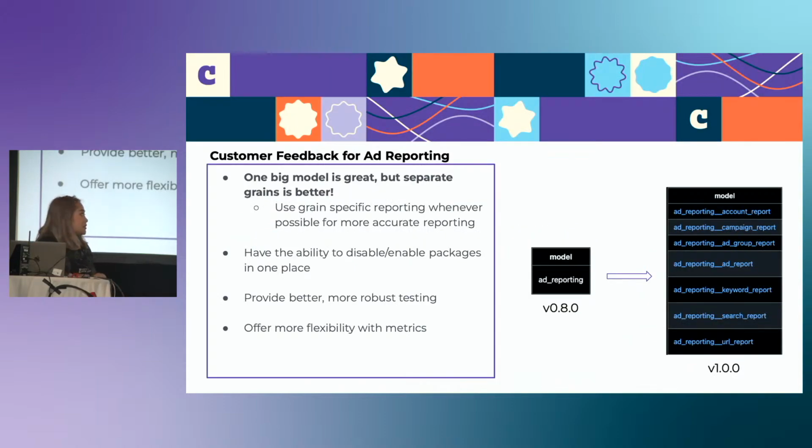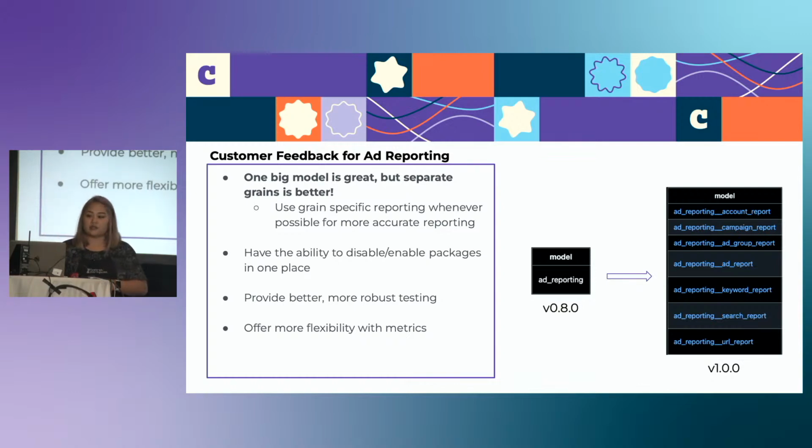So our customers, they wanted to hit the ground running. No, they wanted to hit the ground sprinting. So we had one big model before this V1 release. It was a giant model called ad reporting, and it had everything an analyst could need for ad reporting. However, the analyst still needed to split up this report into several different grains in order to get the type of reporting they needed.